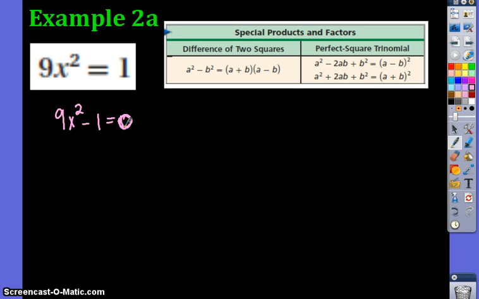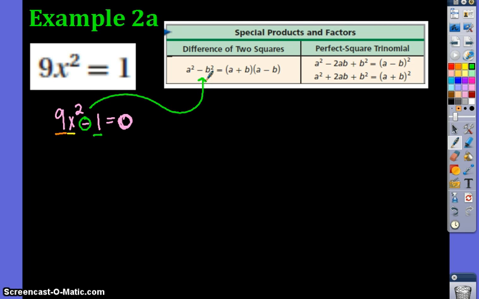And what we should now notice, if you're being observant, is that 9 is a perfect square, x squared is a perfect square, and 1 is a perfect square. And since we are subtracting them, we can use the idea that this is the difference of two squares.